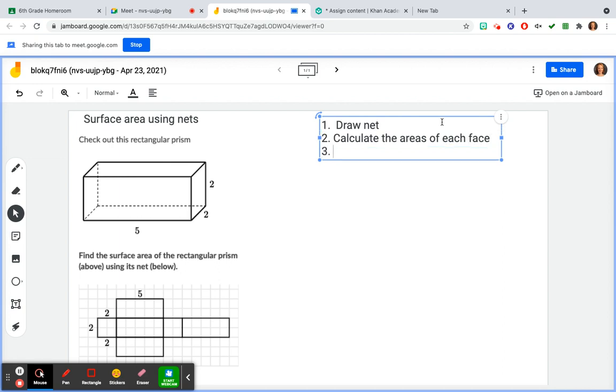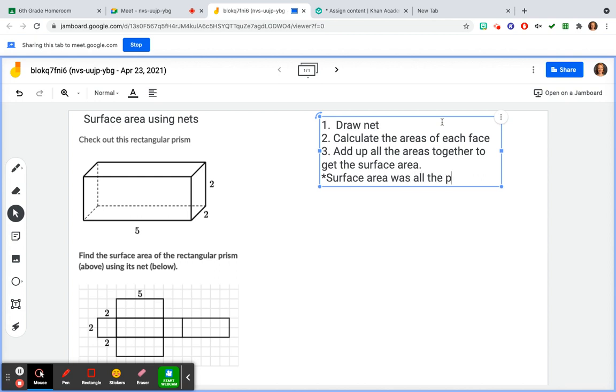Finally, you will add up all the areas together to get the surface area. And we said the surface area was all the surfaces, all the faces of a shape, the outside of a shape.